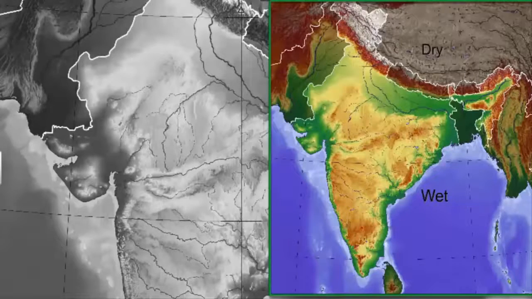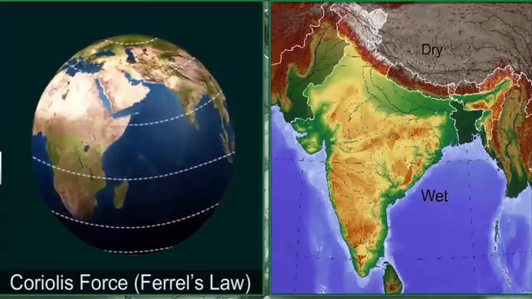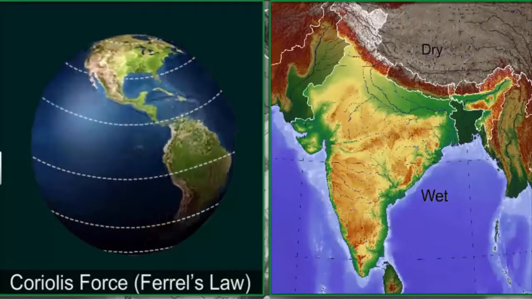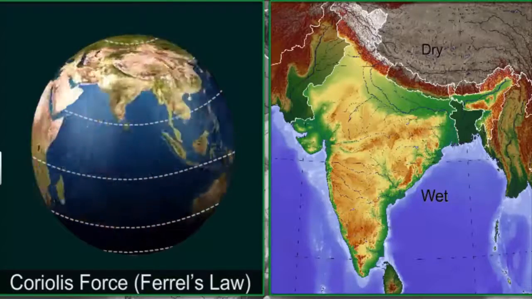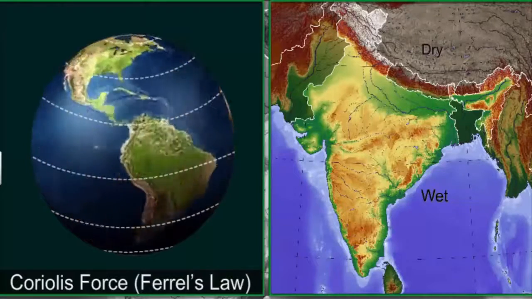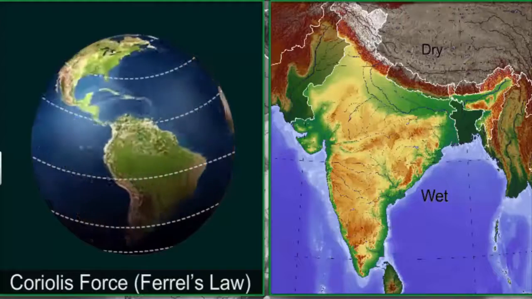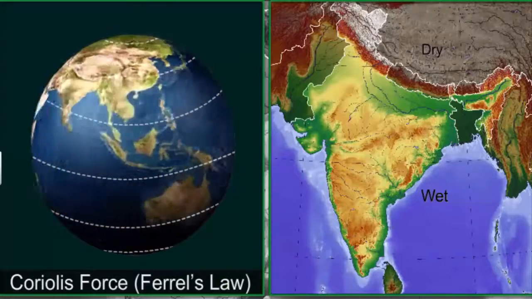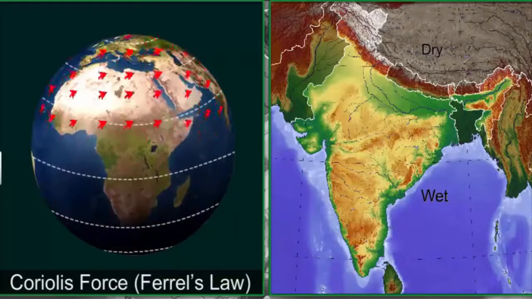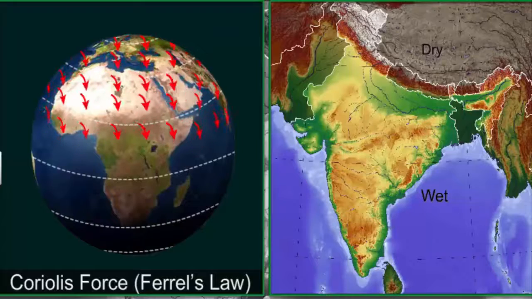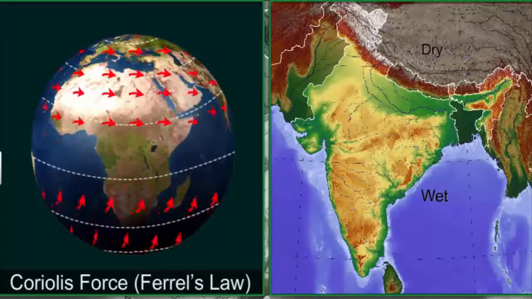Recall that the Coriolis force, also known as Ferrel's law, is an apparent force caused by the Earth's rotation. This force deflects winds towards the right in the northern hemisphere and towards the left in the southern hemisphere.